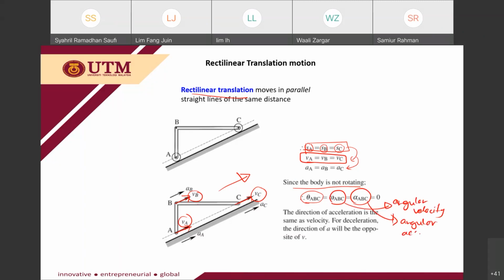Okay, so the direction of acceleration is the same as velocity if the system is accelerating. If your system is decelerating, then the direction of a will be opposite to v. So basically this is just the same thing as the kinematics of a particle.